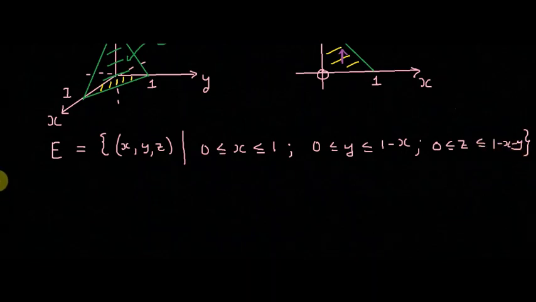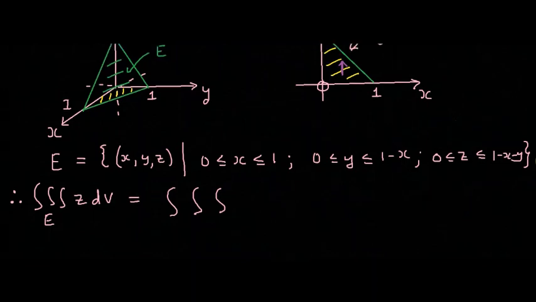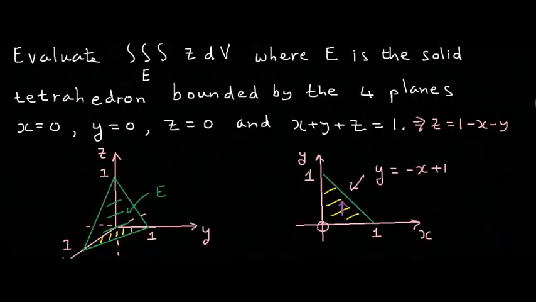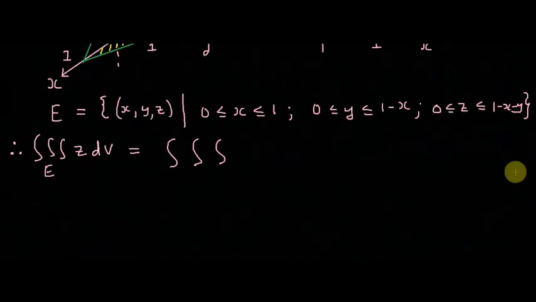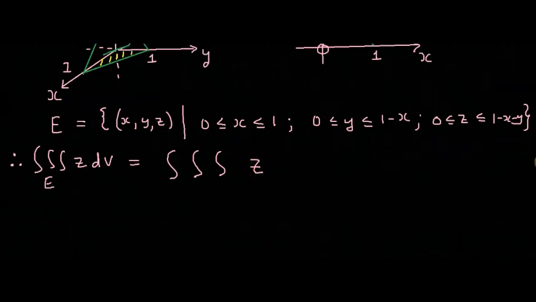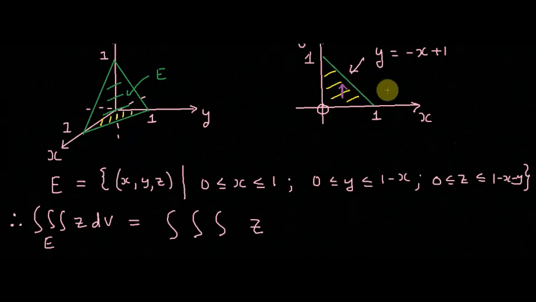Now we are ready to set up the triple integral. Now, we know it's the integral of z dV. And this is a type 1 projection or a type 1 region in terms of triple integrals.